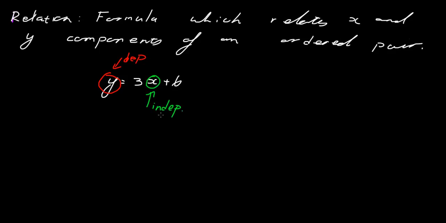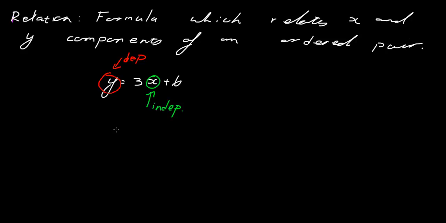The independent variable is the number that we insert into the formula in order to generate a dependent variable. So basically here, y is dependent on the value of x, and x we can select freely in order to generate the dependent y.